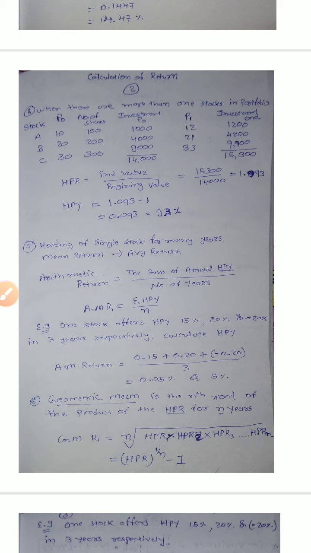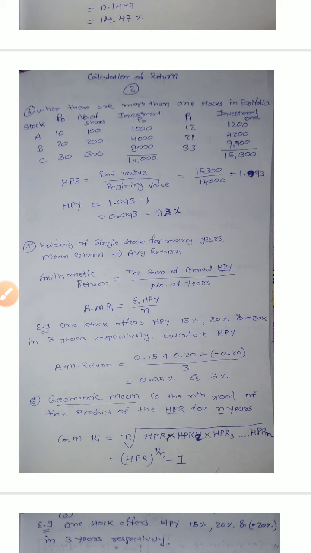Now it is similar to what we did in the first situation. We have the beginning value of investment and the end value of investment. So now we apply the HPR equation again. How to do that? End value of investment divided by beginning value of the investment. So the end value is 15,300 divided by the beginning value 14,000.